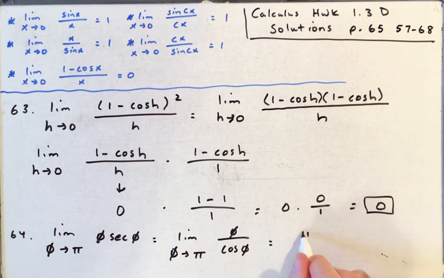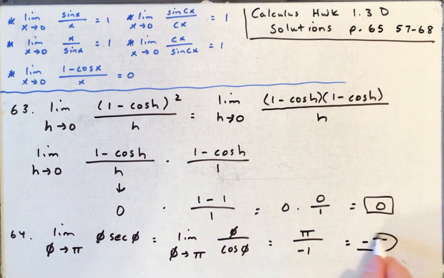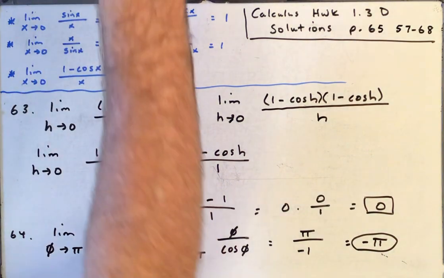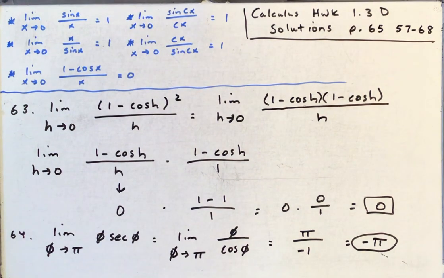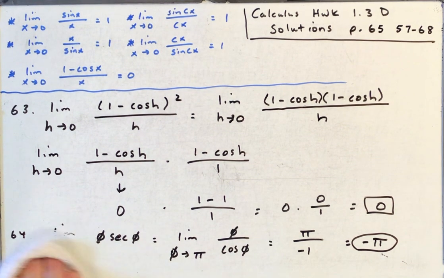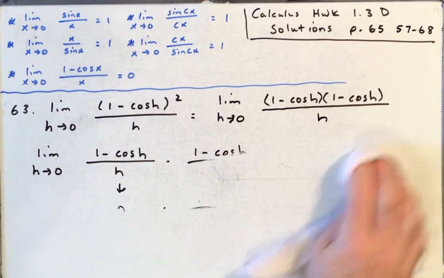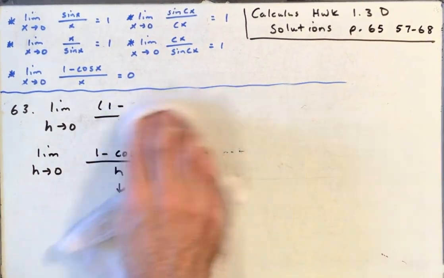So that's going to be pi on top, just plugging in pi for phi. Cosine of pi is -1, so that is negative pi. Boom. So that's really pretty much a plug-in. If you knew secant of pi was -1, then you could just plug that straight in. But I went ahead and changed it to cosines in case you didn't want to think too hard on that one. Okay, we are more than half done.